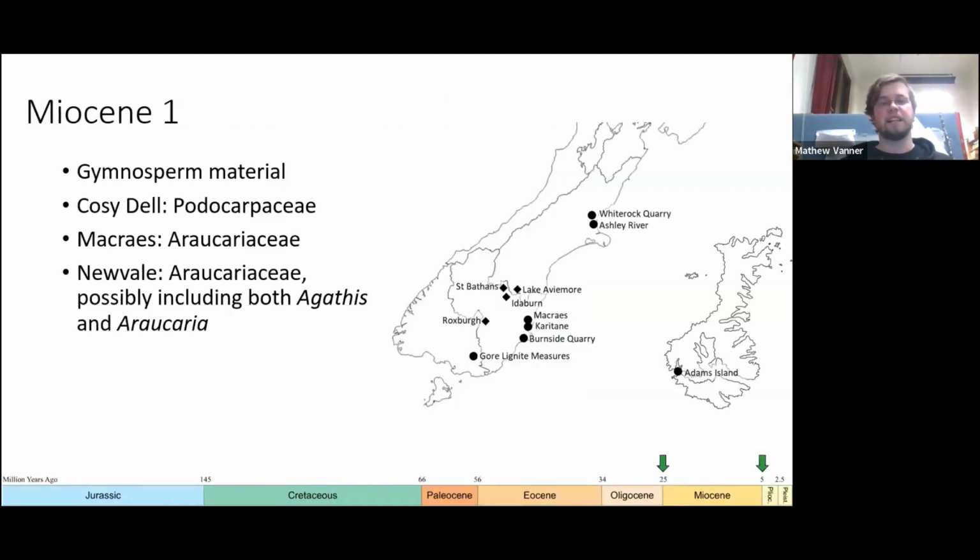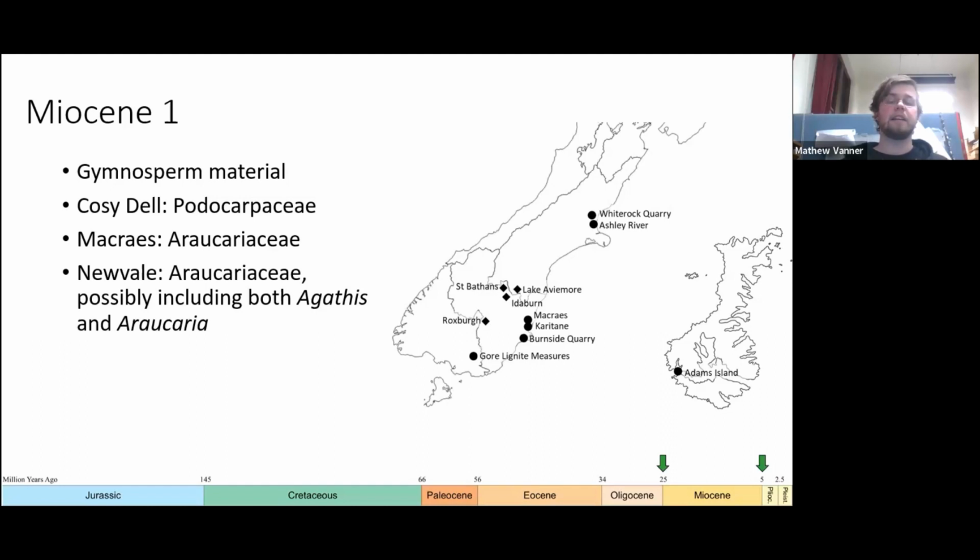From the Miocene, I identified a number of Gymnosperms, including Podocarpaceae and Araucarioxylon, and for the first time, I was able to possibly say we had both Agathis and Araucaria.